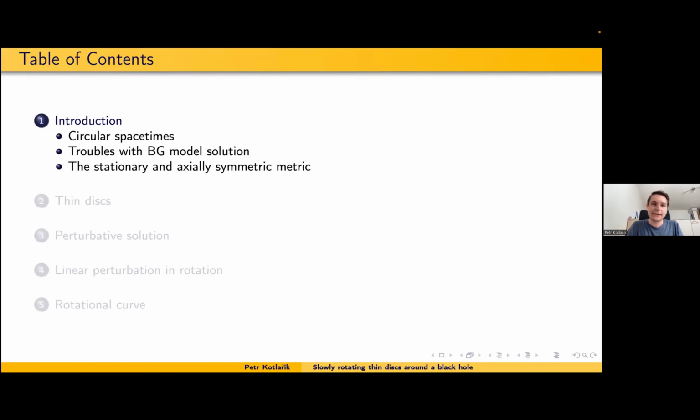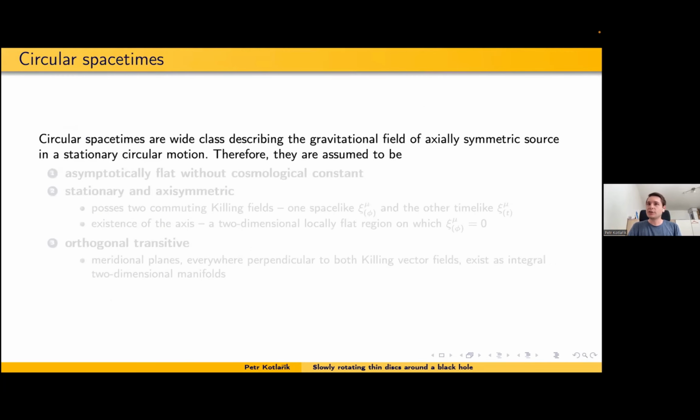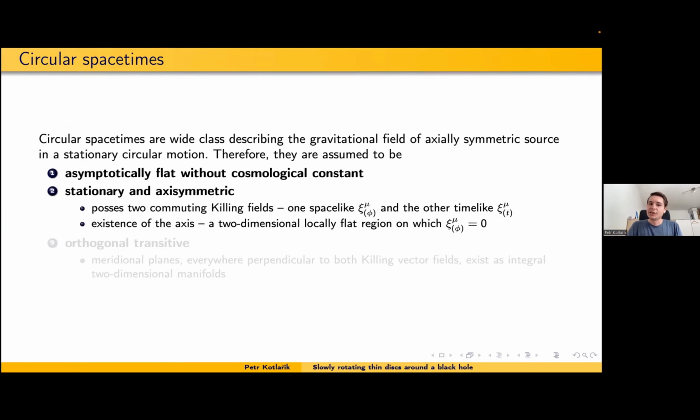Let me first speak about the proper spacetimes suitable for this kind of job. We call them circular spacetimes, and they are assumed to be asymptotically flat and without the cosmological constant. They should also be stationary and axially symmetric.